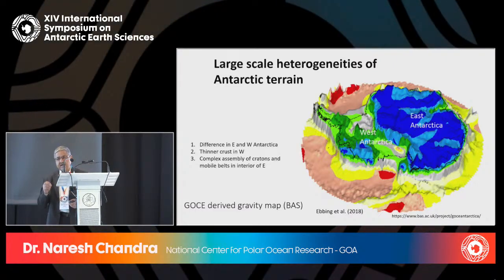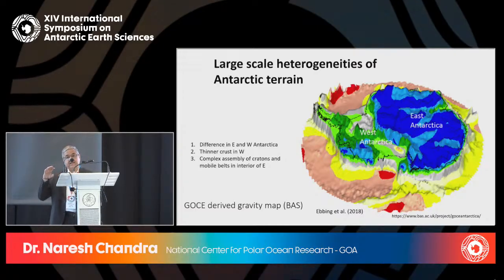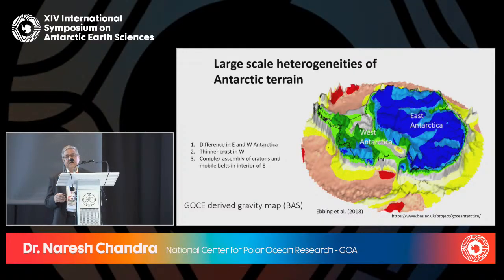These imply variations in the composition of the material, and also in the way it is placed. We will see one or two data sets showing that there can be lithospheric thinning in some places. What will happen? That will bring the mantle heat up and create a higher geothermal heat flux. So these heterogeneities are a significant part of the large terrain beneath the ice.